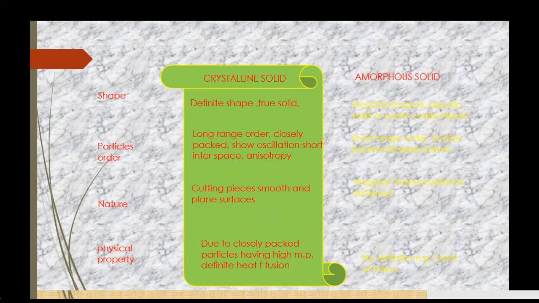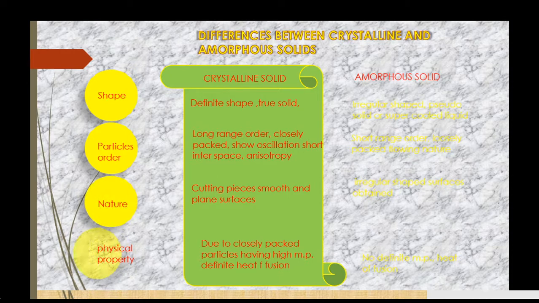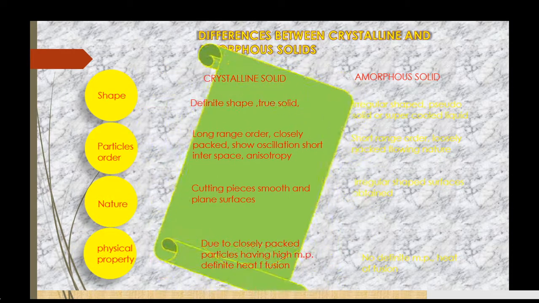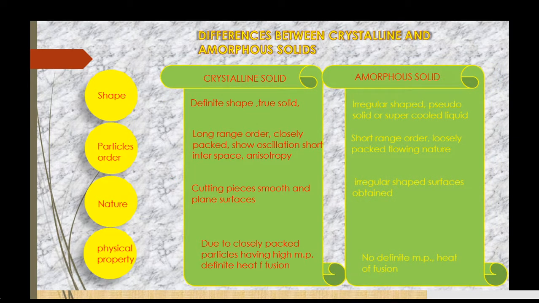So these are the characteristic features for the crystalline solid as well as the amorphous solid. On the basis of these features, we can identify whether the solid is crystalline or amorphous.